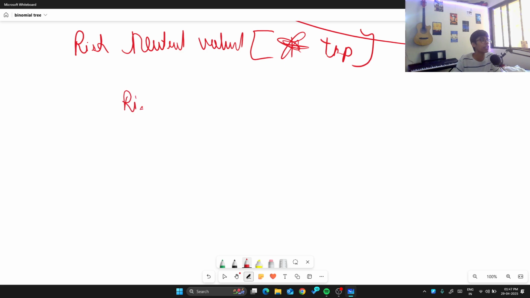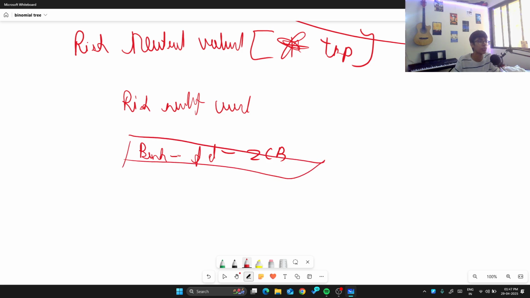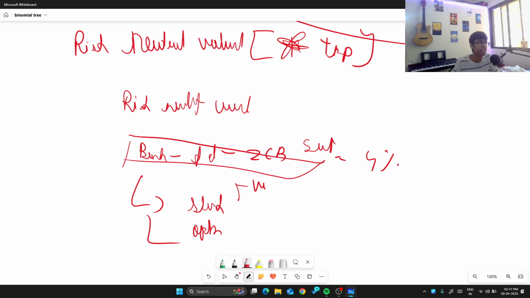In a risk neutral world, if a bank FD or zero coupon bond, which is considered a safe investment, gives 4% return, then the stock market or option market, which is more volatile and more risky, and in the real world generally has a higher return of 12% or more, than 20% in some cases, will also have 4% in the risk neutral one.